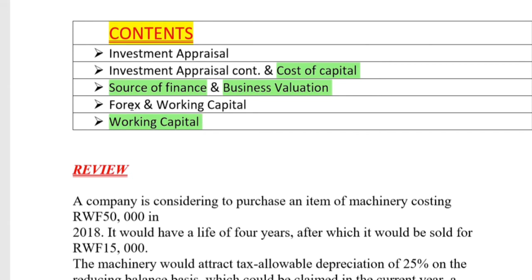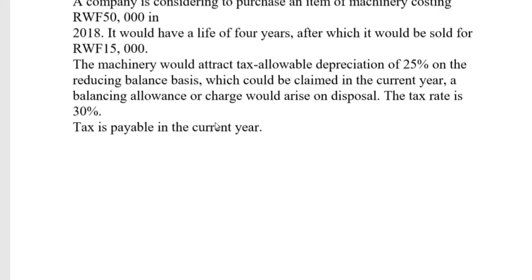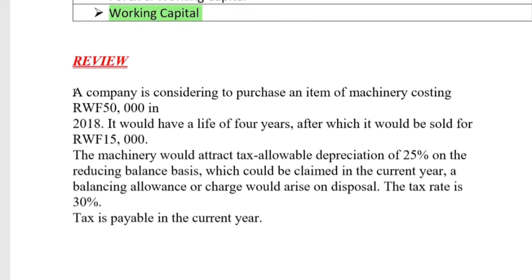I will also look at working capital management. This is a question I want to review today, but for those currently studying FM, I can show you another trick of calculating tax saved in investment appraisal.